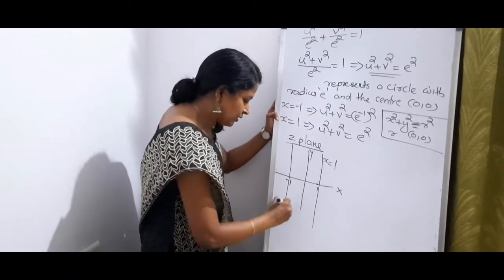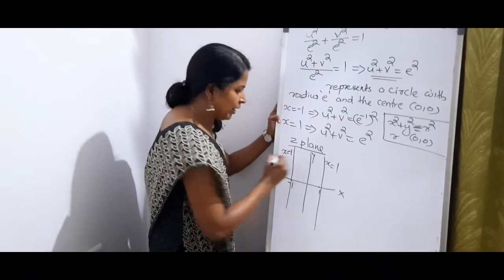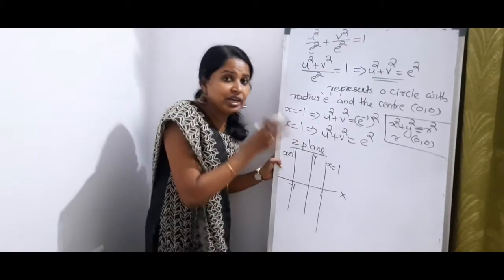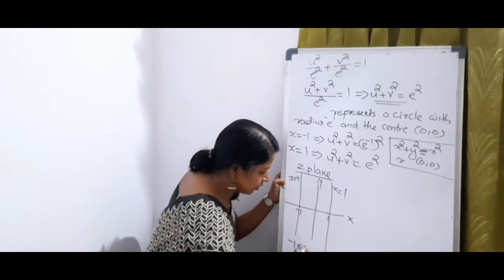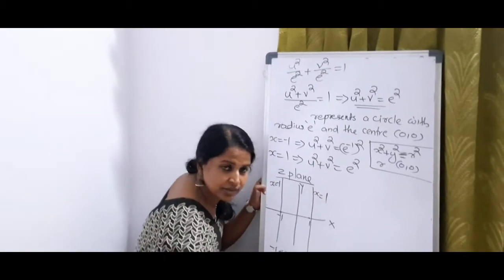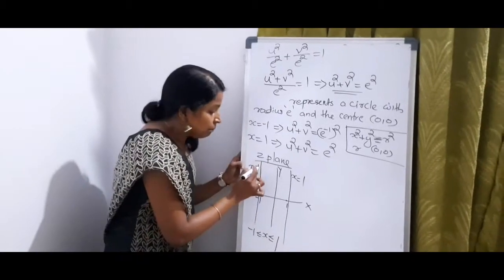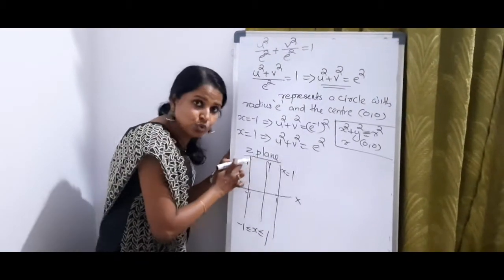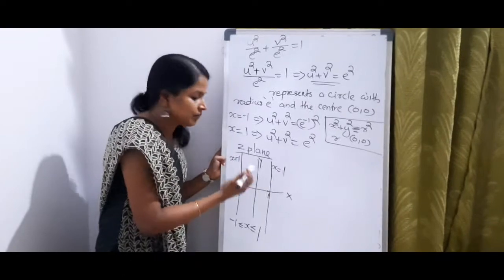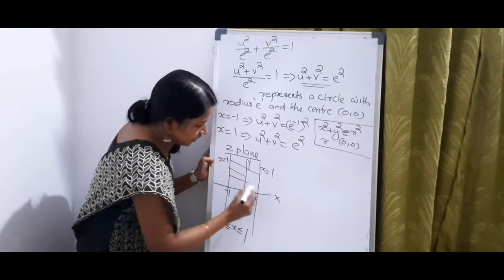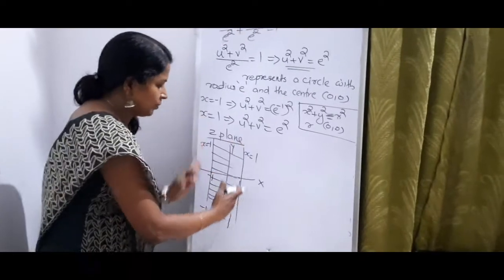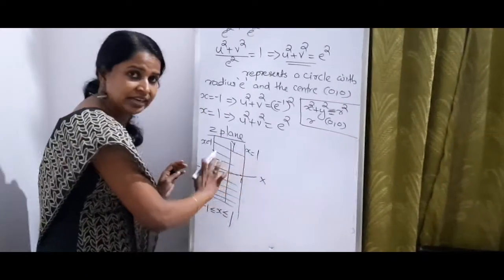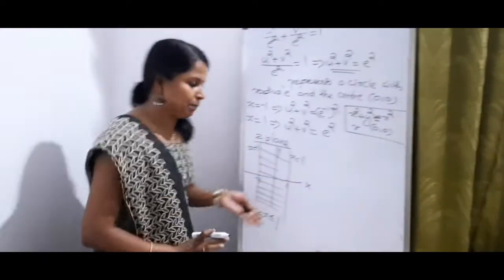So, this line is x equal to minus 1. Our infinite strip is minus 1 less than or equal to x less than or equal to 1. That is the region bounded by these two lines, x equal to 1 and x equal to minus 1. This is the region in the Z plane.